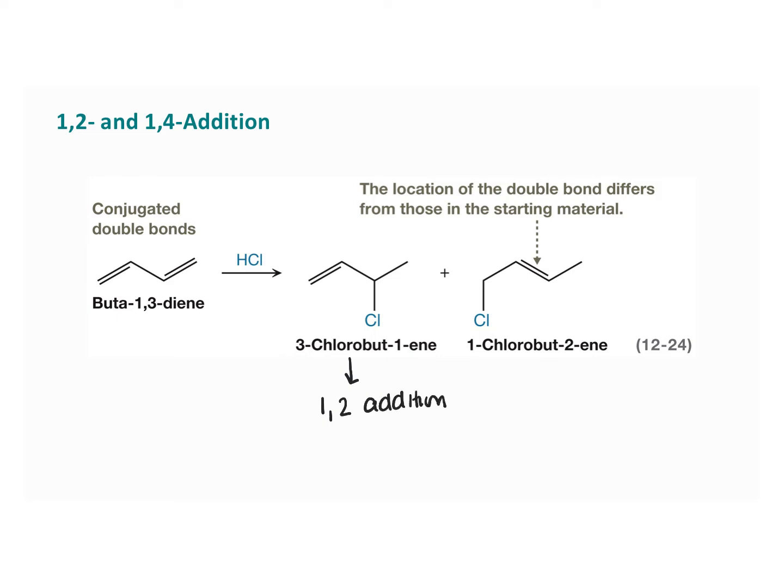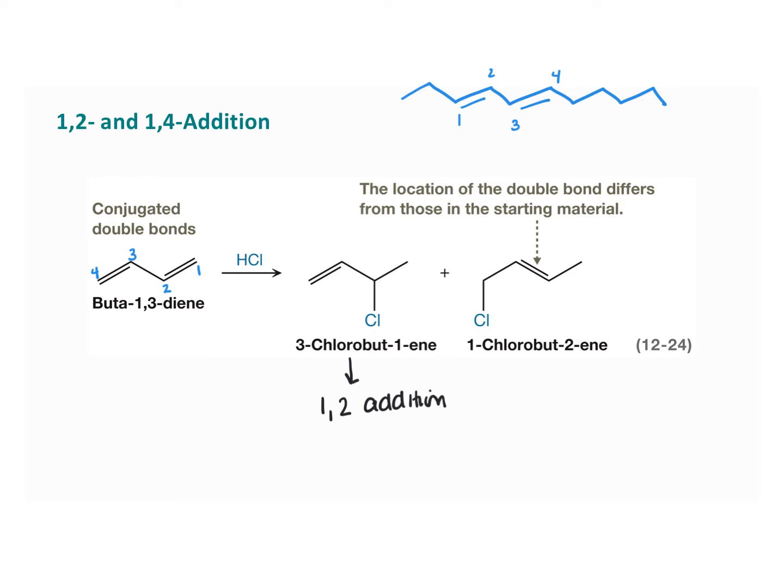Now, where those numbers come from is no matter where the conjugated double bonds are, they're numbered like 1, 2, 3, 4. Even if you've got a really big molecule, and you have conjugated double bonds here and here, you still get some sort of numbering like 1, 2, 3, 4. So the idea here is that the 3-chlorobute-1-ene is called the 1,2 addition product because it adds across the 1,2 bond.